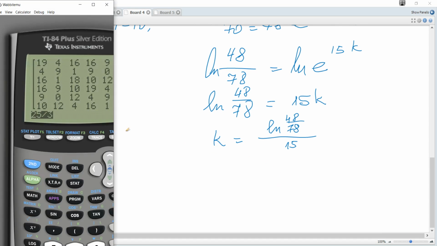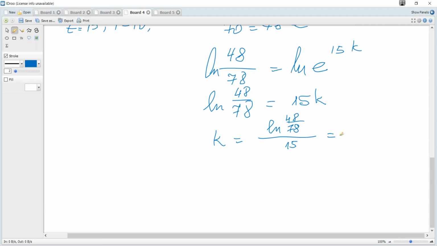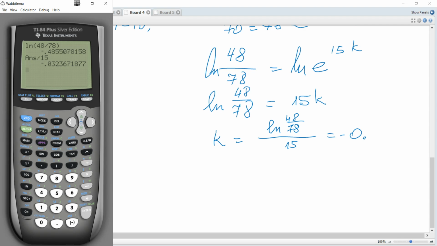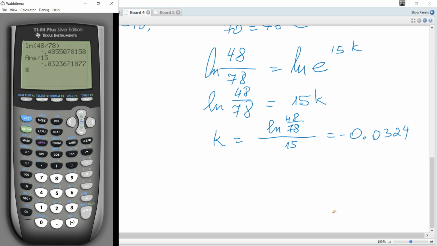Let's find it to 3 significant figures. So ln of 48 divided by 78, and then divided by 15, and it's negative 0.0324 to 3 significant figures.